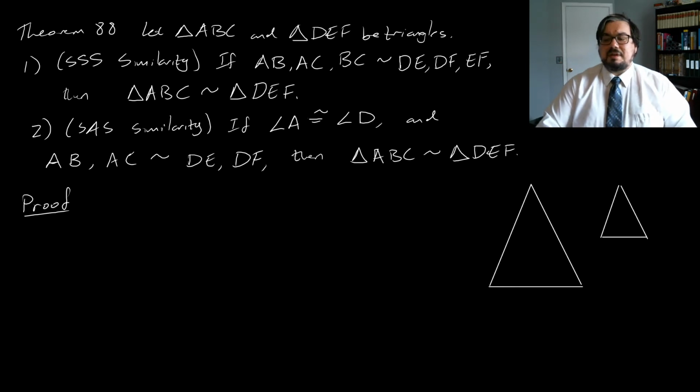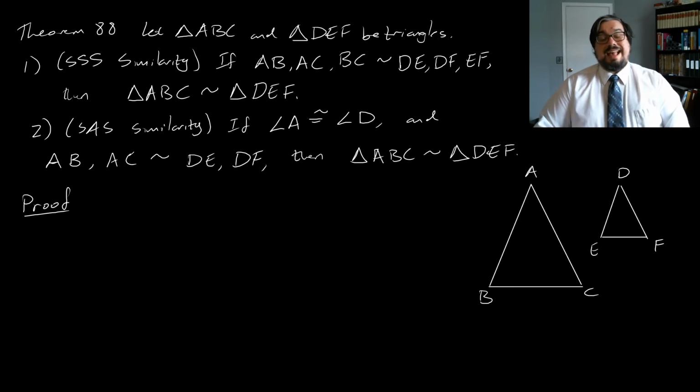As we usually do, in this case the goal is going to be to show that we have two pairs of angles that are congruent to one another, because we want to use the angle-angle theorem, Corollary 87.